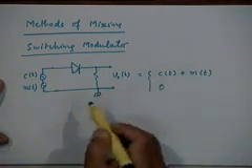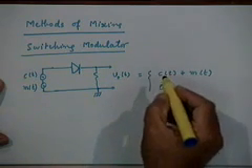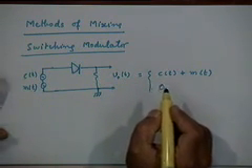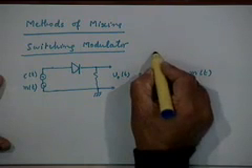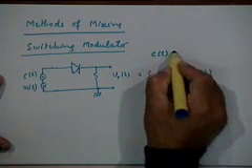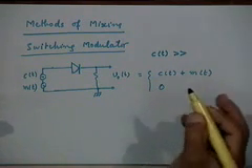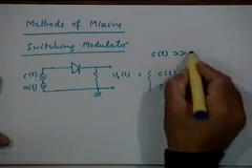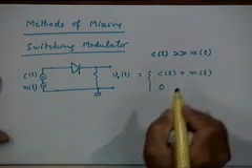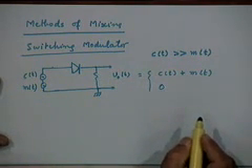To get the required multiplication effect that we want, we will impose a constraint that the carrier is all the time or most of the time much larger than the message signal. The carrier amplitude is much larger than the message signal, right.